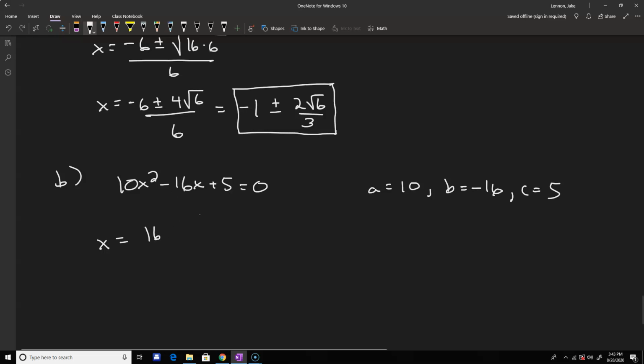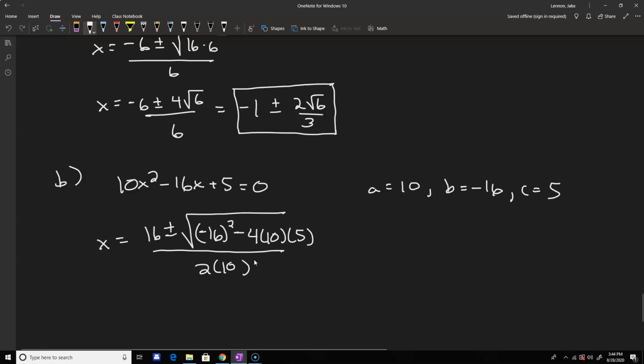So here negative b turns out to be positive 16 plus or minus the square root. And then b squared, this is where I said since b is negative, we want to put it in parentheses before squaring it. And then we want to do minus 4 times 10 times 5, with everything being divided by 2 times our front number 10.